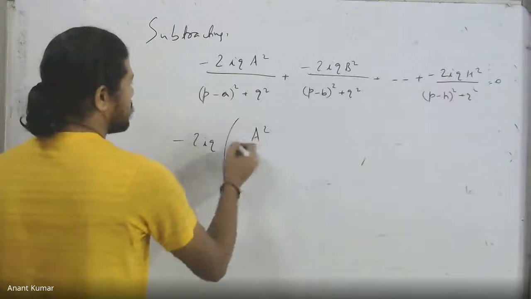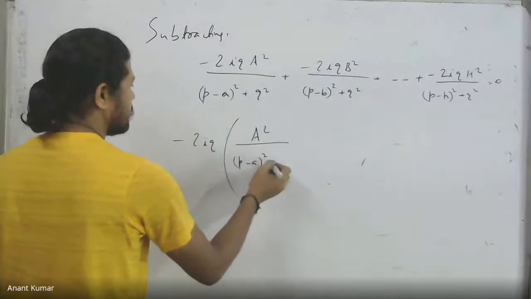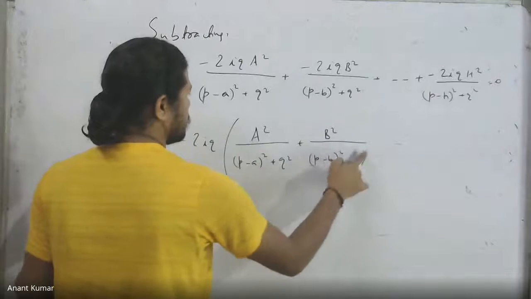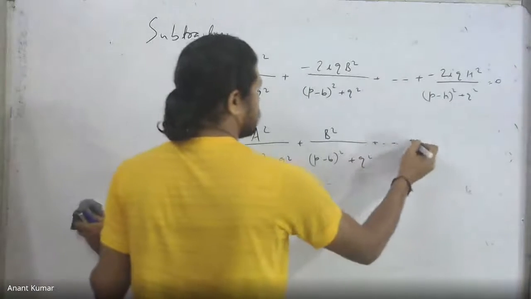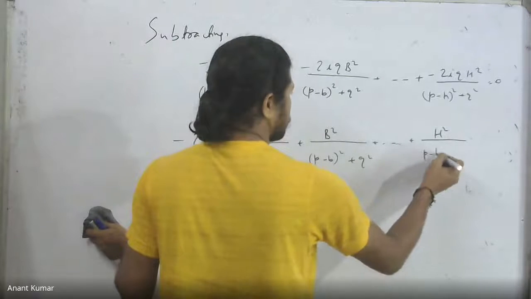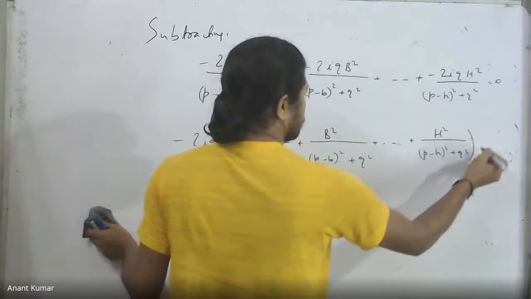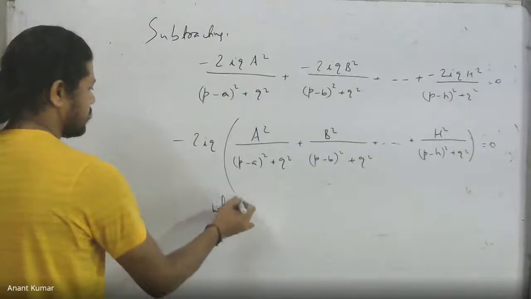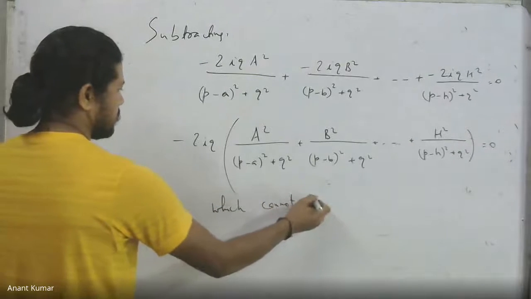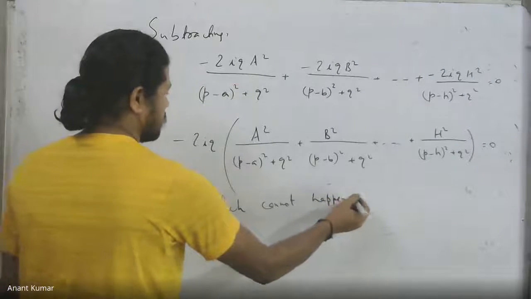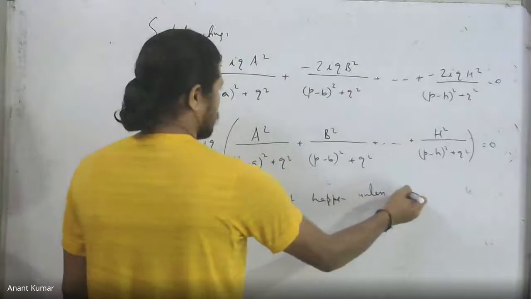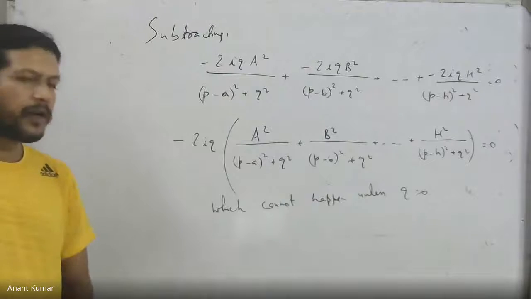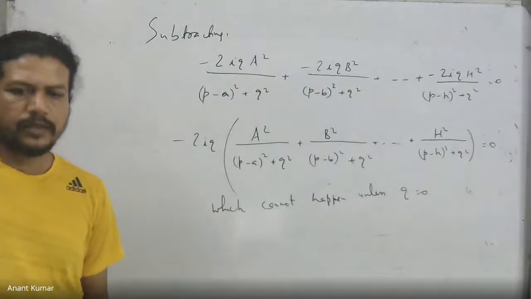That cannot happen unless Q equal to 0, which implies that the imaginary part has to be 0. That's fine.